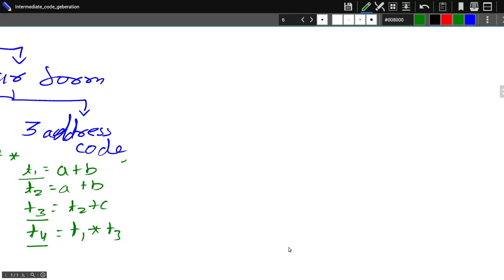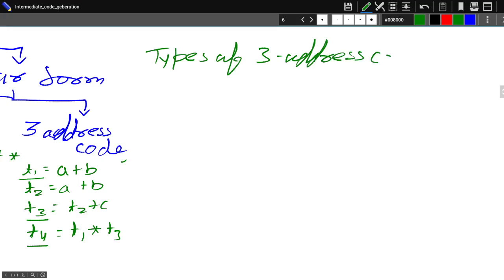Suppose, what are the types of 3 address code acceptable, right? Let me write it like this: types of 3 address code. Basically I am saying what are accepted as a 3 address code.